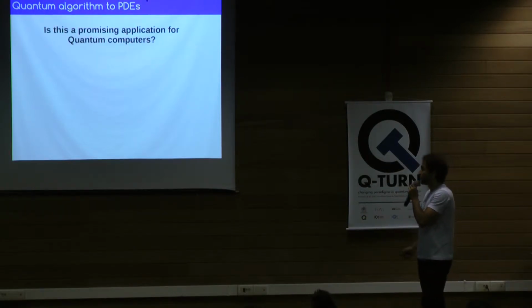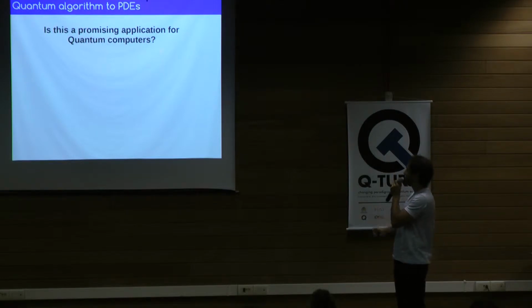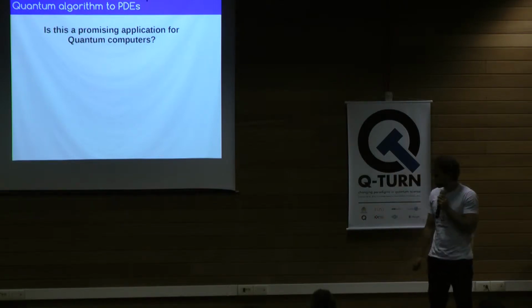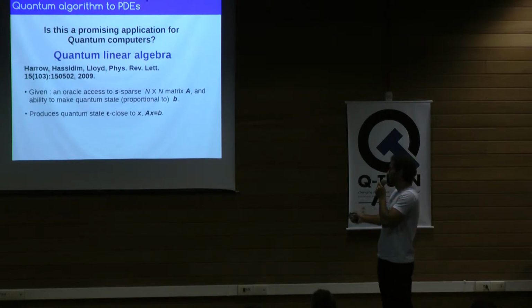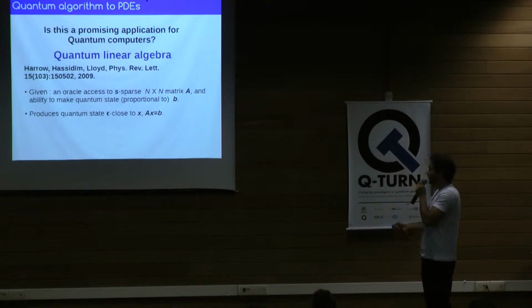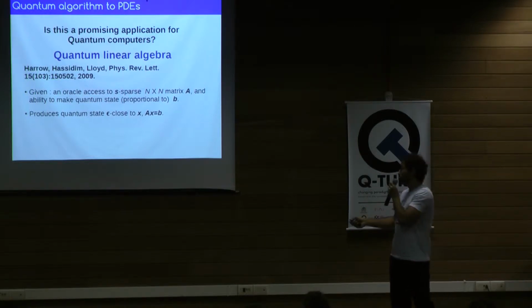So the question here is: is this a promising application for quantum computers? I can say that this paper gave the direction to answer this question: the quantum algorithm to solve linear systems given by Harrow, Hassidim and Lloyd.